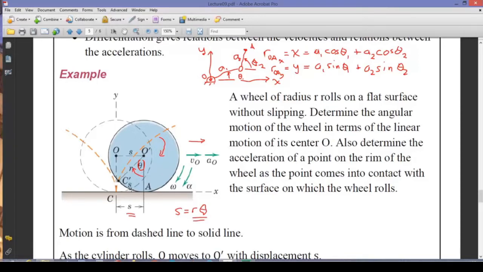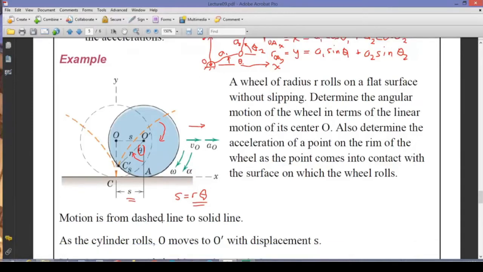Now, if there was slip, obviously this relation would not be formed. S would be different from r theta due to the amount of slip that it has. But since there's the assumption of no slip motion, we have this direct kinematic relationship s equal to r theta.